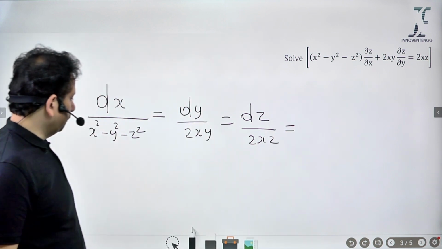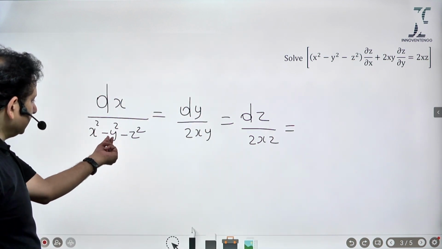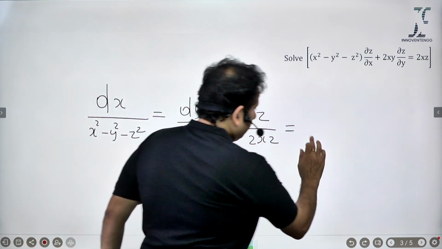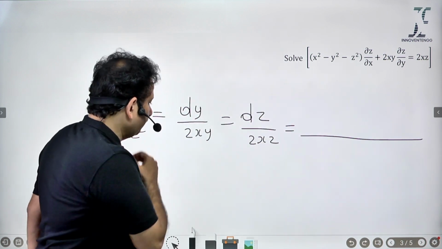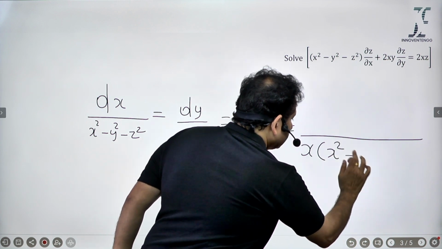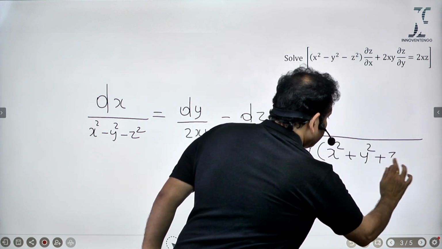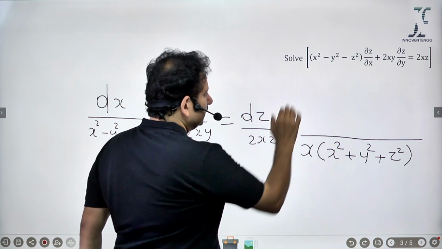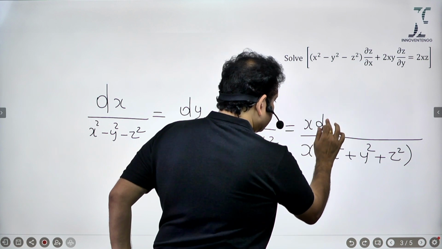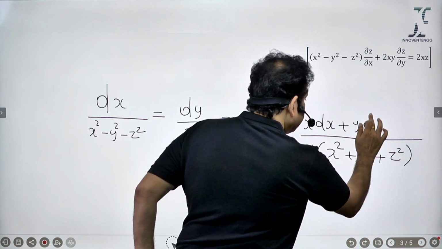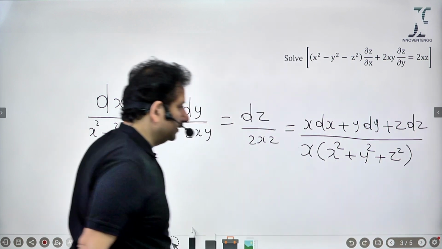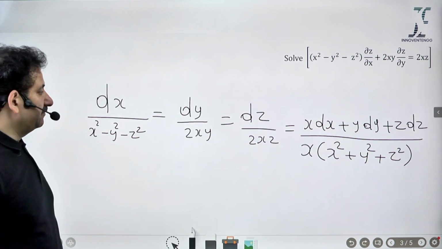Now my one more ratio, by taking x as k1, y as k2, z as k3, what did I do? I achieved one more ratio. And what is that going to be? It's simply going to be x taken out, x square plus y square plus z square. And since I'll have to multiply all the numerators also, it's going to be x dx plus y dy plus z dz. Correct? That's very, very easy.